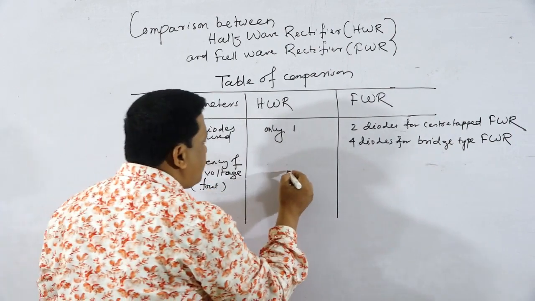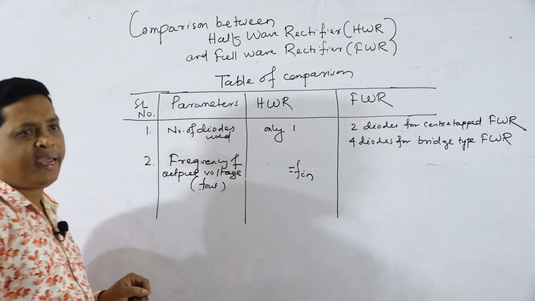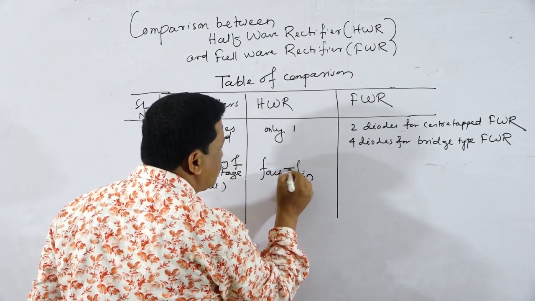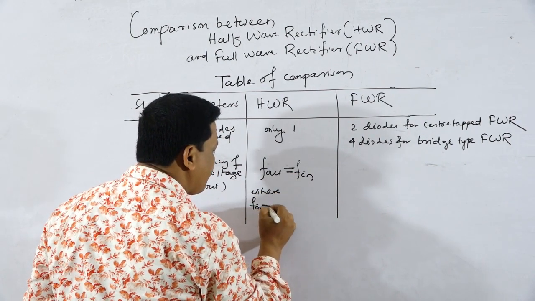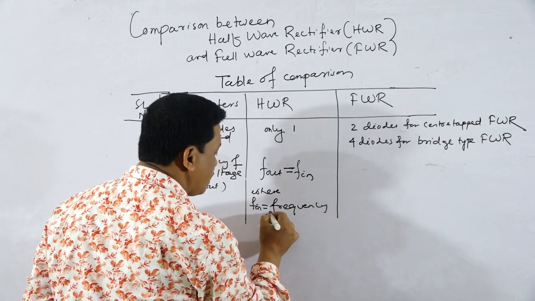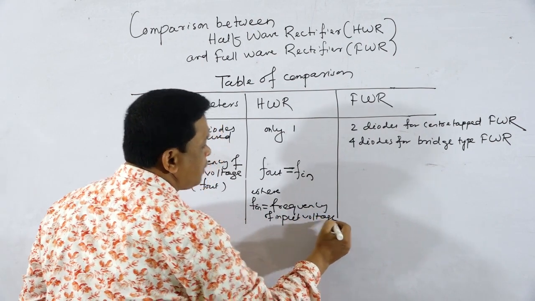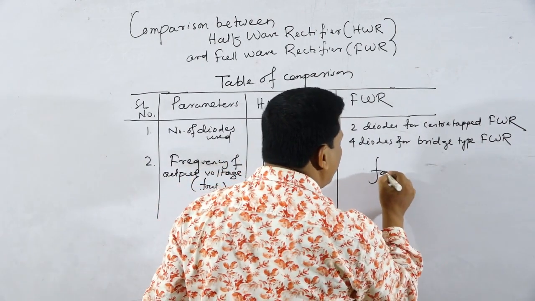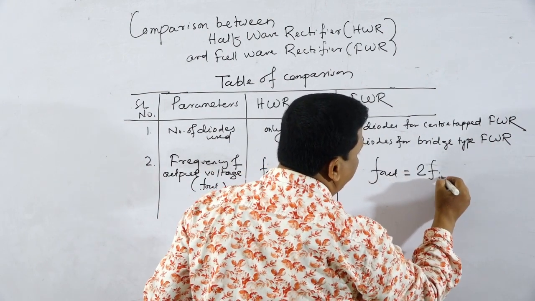If the frequency of input voltage is F in, then for a half wave rectifier, F out is equal to F in, where F in is the frequency of input voltage, and here F out is equal to 2 times F in.